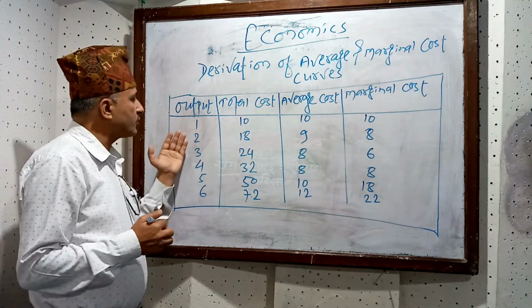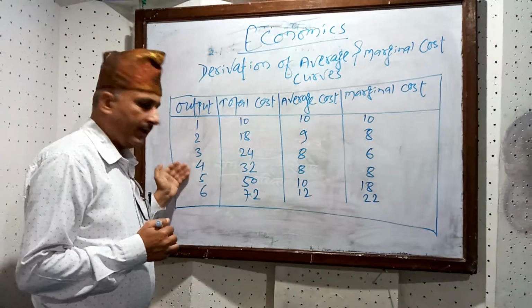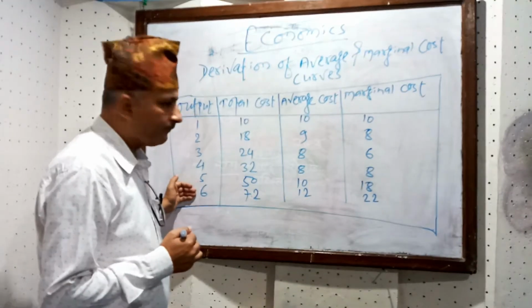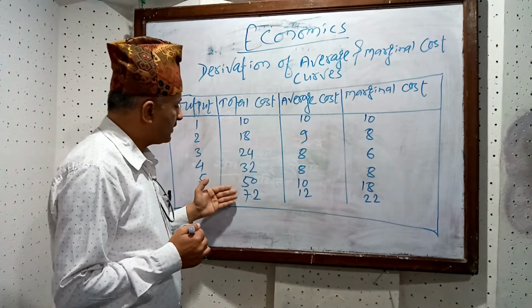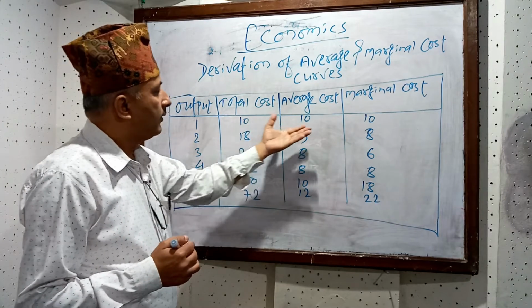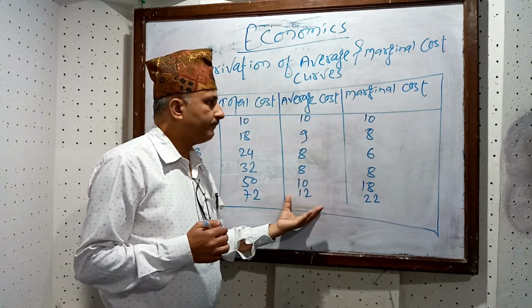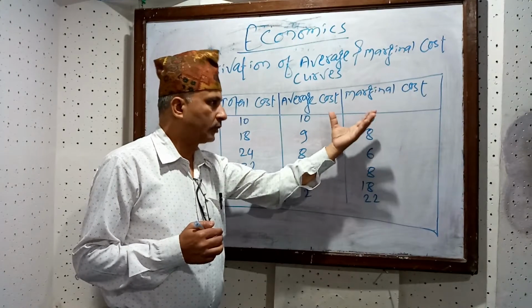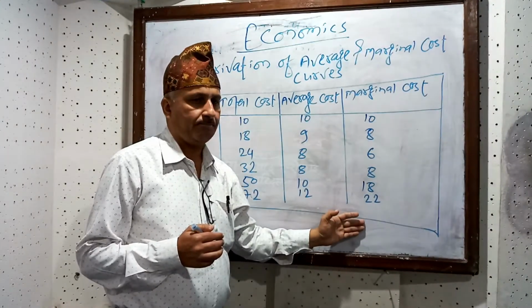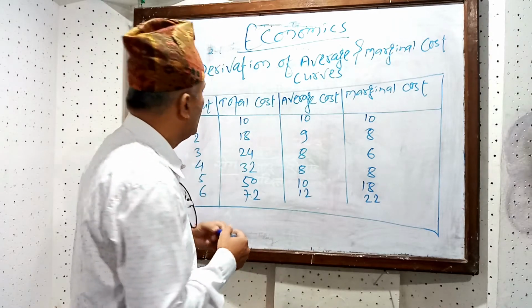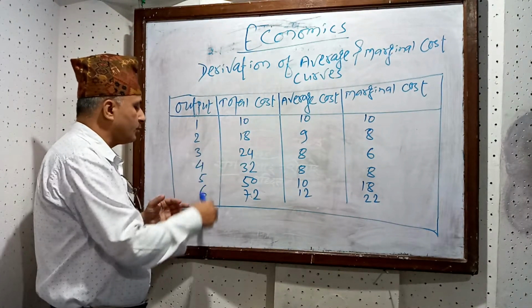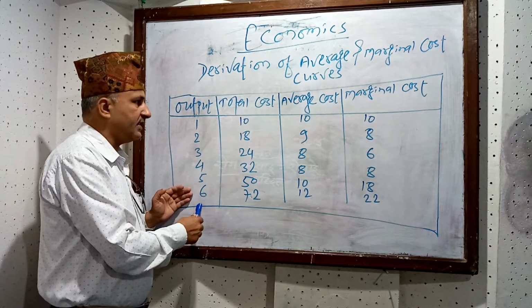At first, the first column represents output, and there are 6 rows. The second one is the total cost column, also with 6 rows. The third one is the average cost column, and the fourth one is the marginal cost column, and all of them have 6 rows. Output from 1 to 6: 1, 2, 3, 4, 5, 6.